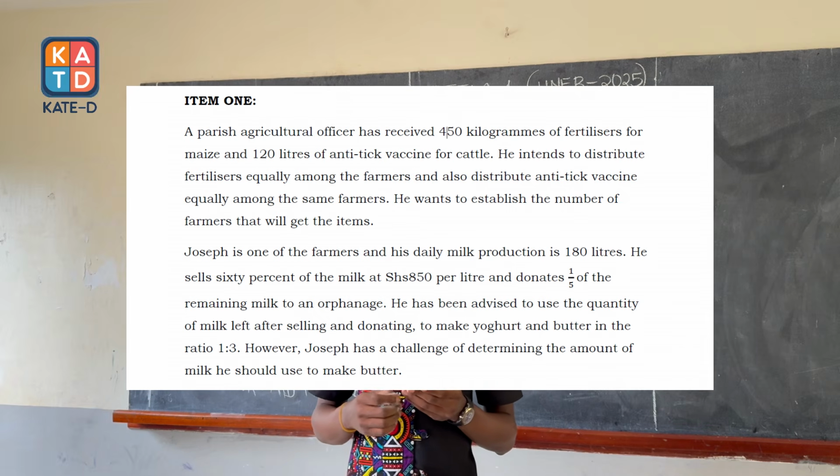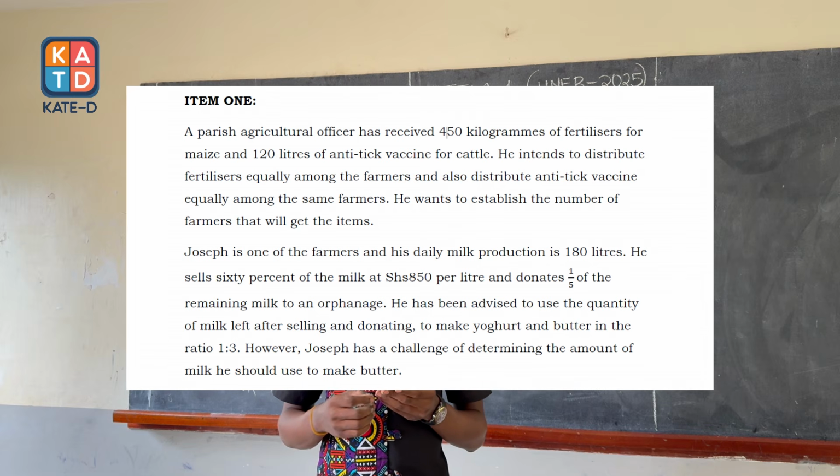Joseph is one of the farmers and his daily milk production is 180 liters. He sells 60% of the milk at 850 shillings per liter and donates 1/5th of the remaining milk to the orphanage.